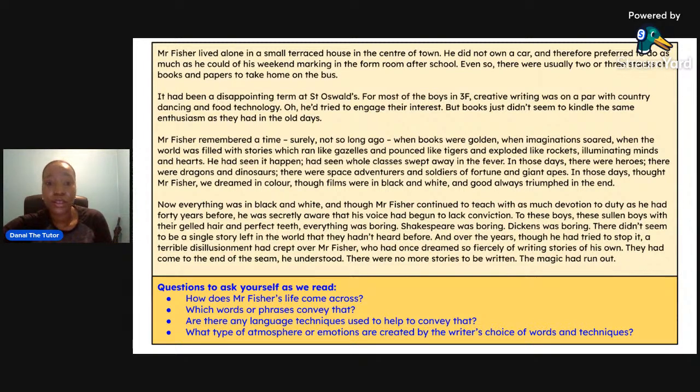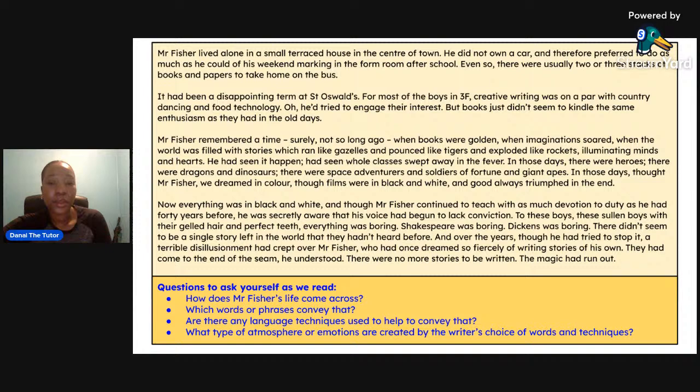Oh, he tried to engage their interest, but books just didn't seem to kindle the same enthusiasm as they had in the old days. Mr. Fisher remembered a time, surely not so long ago, when books were golden, when imagination soared, when the world was filled with stories which ran like gazelles and pounced like tigers and exploded like rockets, illuminating minds and hearts.